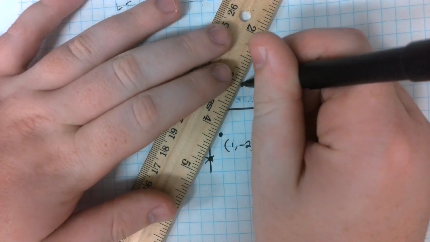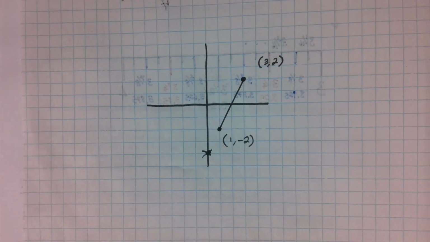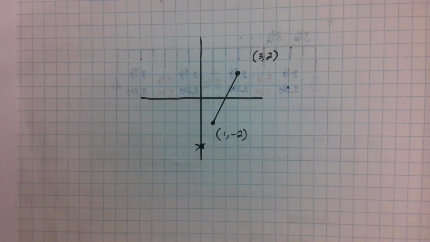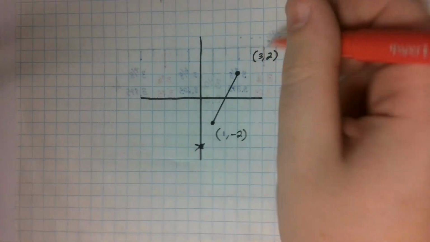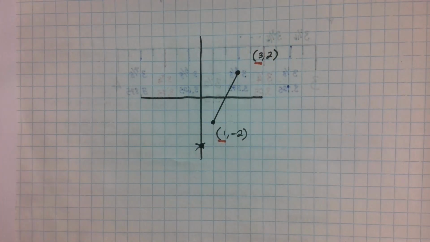2. The easiest way to find the midpoint of a line segment is to ask yourself, what number is halfway between the x values and what number is halfway between the y values? That will actually be your midpoint.